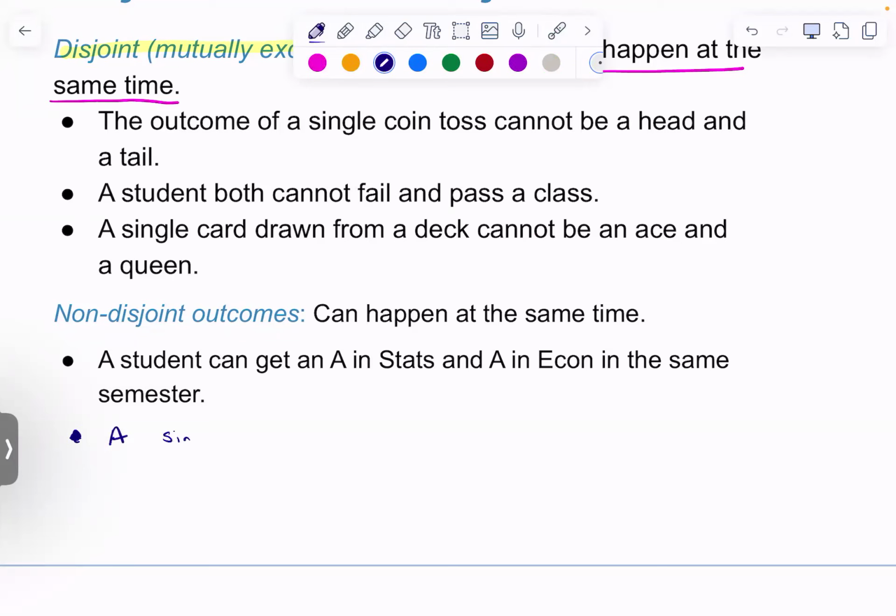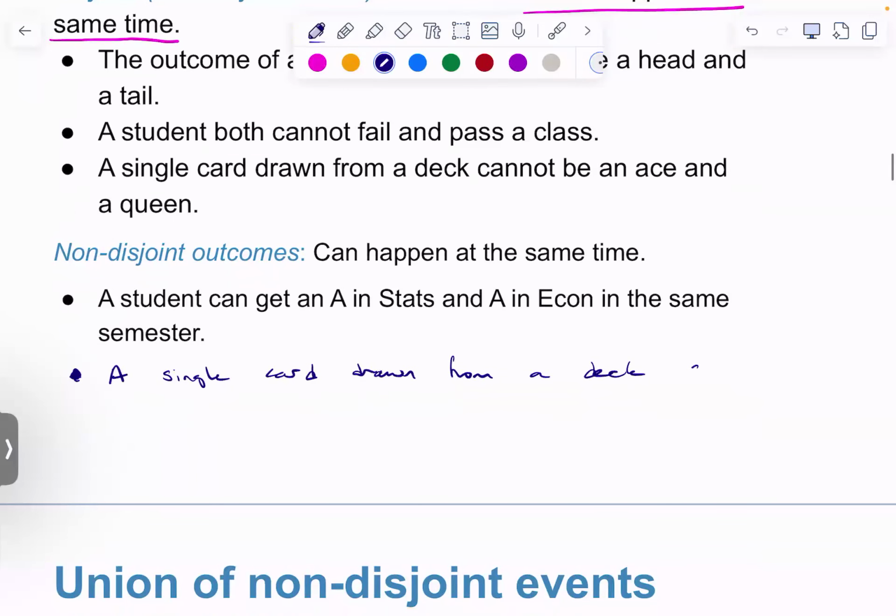A single card drawn from a deck can be an ace and a red card.